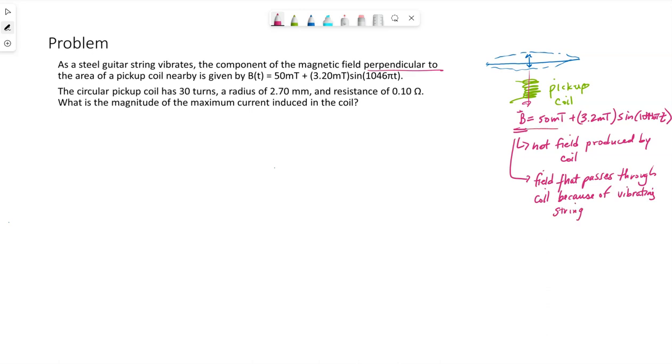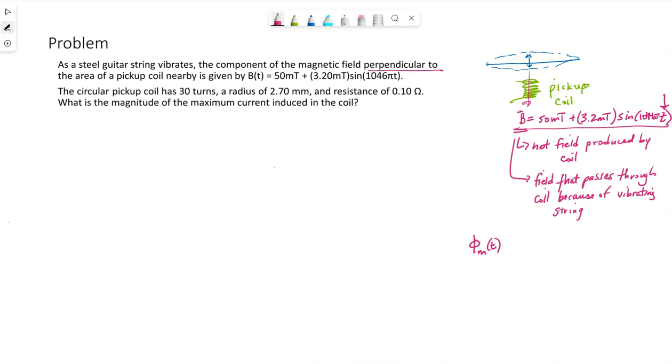Well, this magnetic field is changing with time. If this magnetic field that is passing through the coil is changing with time, then there is a changing magnetic flux through the coil. The flux that's passing through the coil is also changing with time.